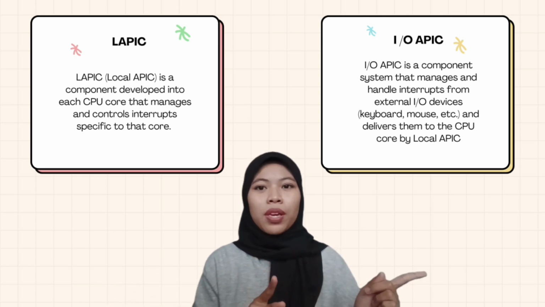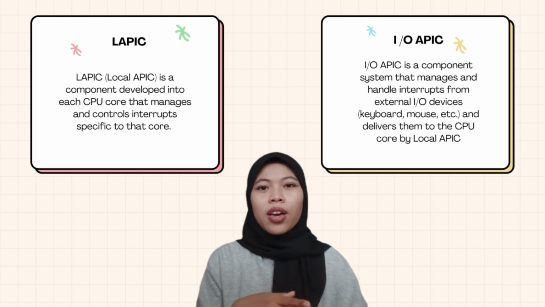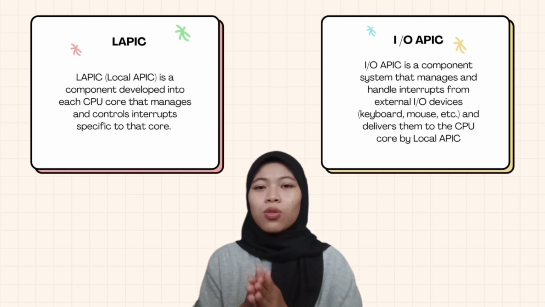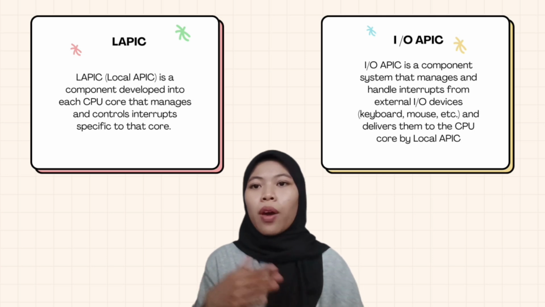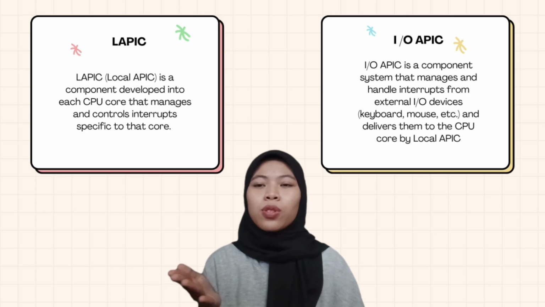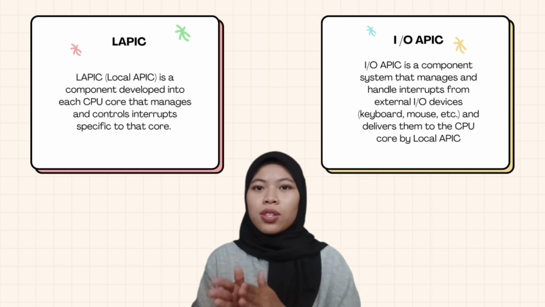The local EPIC resides inside each CPU core. Its role is to receive interrupt messages directed to its core, prioritize them, and notify the core to act. It also sends and receives inter-processor interrupts, IPI, for communication between cores.